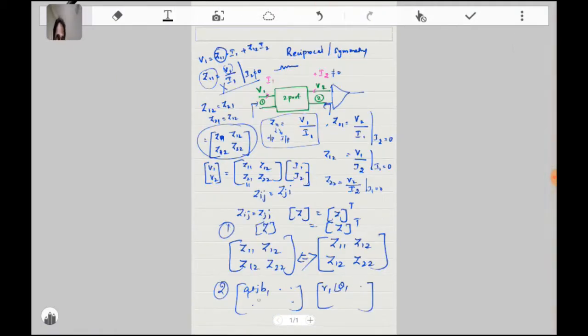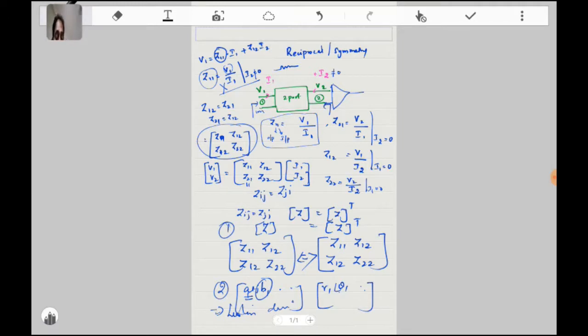If the Z matrix has no real value and only the imaginary part, like j b1, j b2, it is called a lossless device. The device will be lossless, meaning that if you send 1 milliwatt of power, no power will be wasted in the 2-port, all the power will be given to the output port.